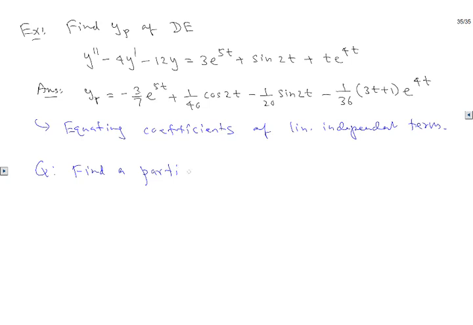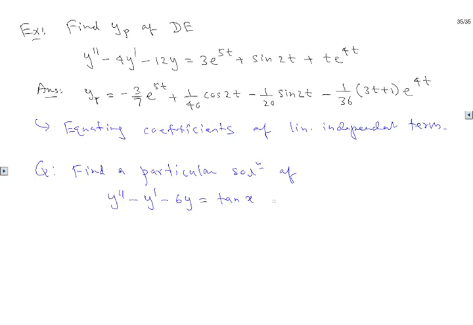Find a particular solution of y double prime minus y prime minus 6y equals tan x.